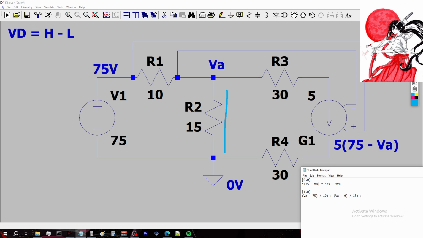Okay, now we also need to pay attention to this, right? So let's start at ground, through here, and we go through this current source. Now, if we remember anything about current sources, when we travel through them, they're going to be the opposite of the voltage sources.